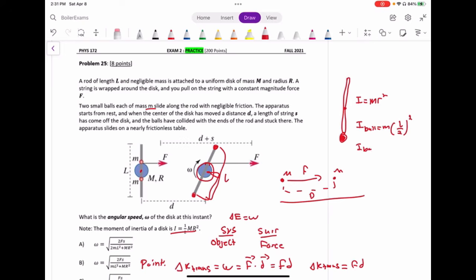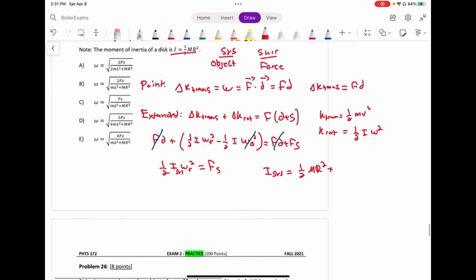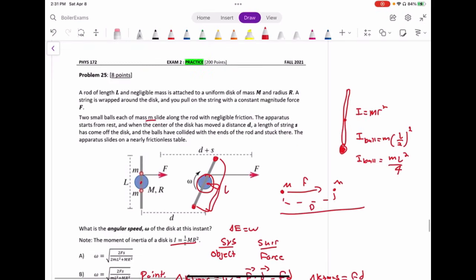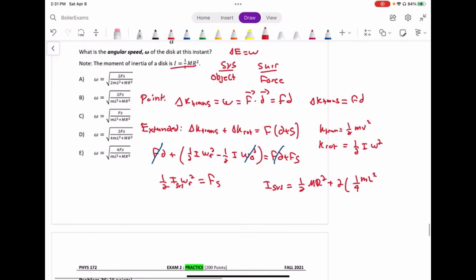So I ball equals ml squared over 4. So there we go. And we have 2 of these. Yeah, okay. There we go. So the inertia of the system is half mr squared plus half ml squared. There we go.